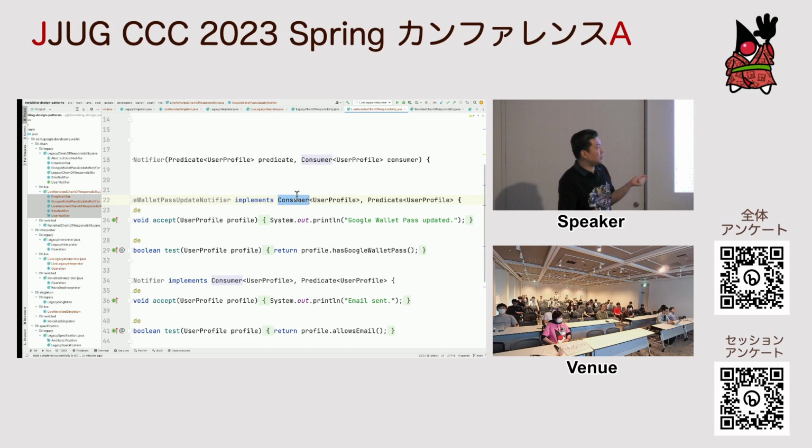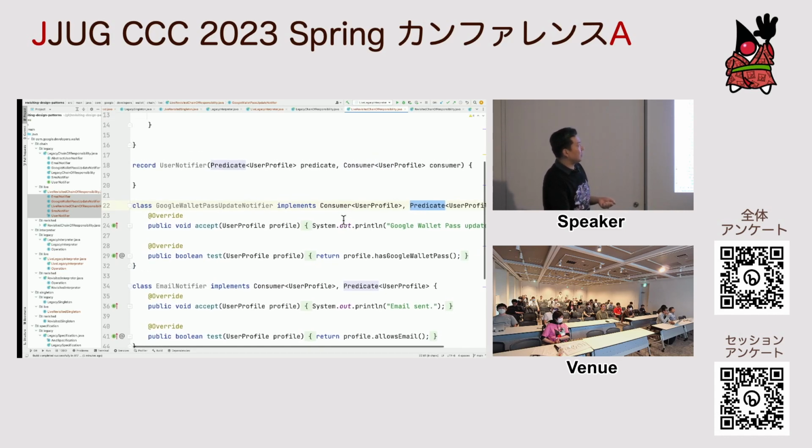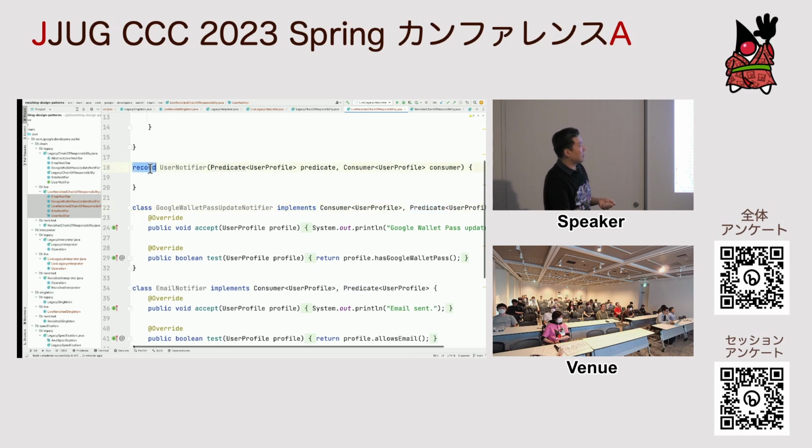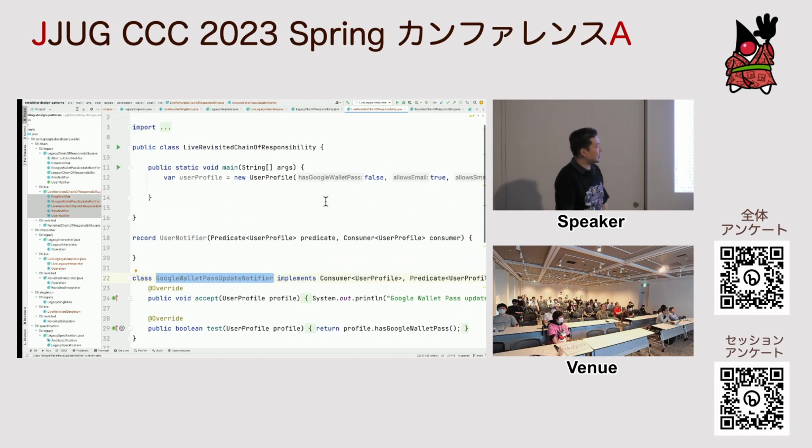The second option is to create a record with a predicate as a parameter and a consumer as a parameter. I don't know which one is best, but the two are possible. I'm just going to use this version today, but both work.